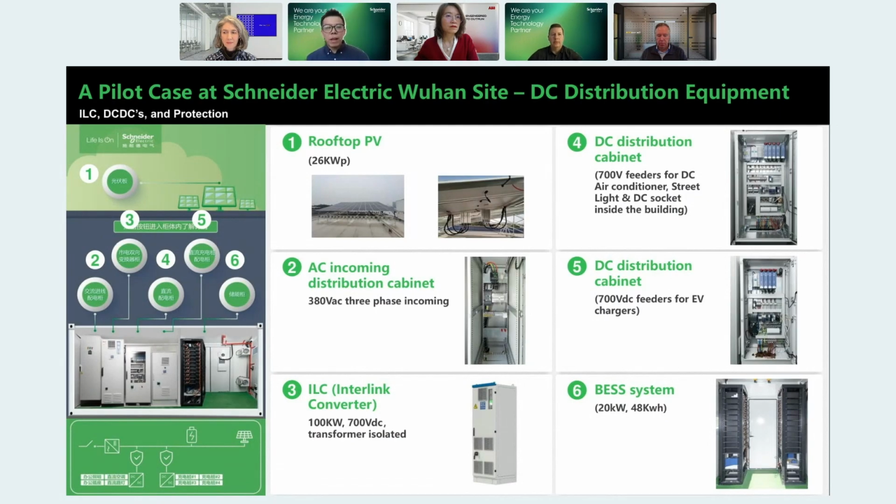But there is something I just want to highlight for you on the main DC distribution cabinet, which is on number 4 and number 5. These little 700 volt protection units act as the feeder protection for the 700 volt DC cabling. So they're protecting all the feeders going into the building and going to the EV chargers, for example.